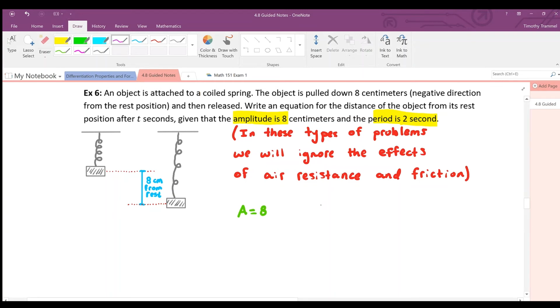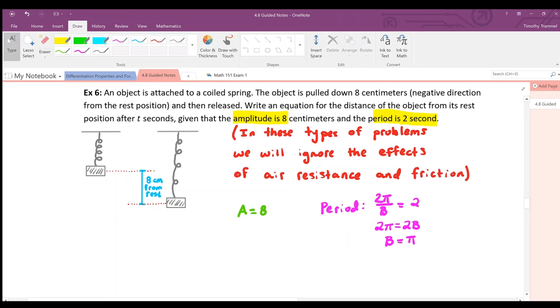So we know that the period is supposed to be given by 2 pi over b when we're dealing with sine and cosine. And so we'll just solve for b here. You could multiply both sides by b. And so this must mean that b is equal to pi. All right, so we have a, we have b, and let's think about this a little bit now.